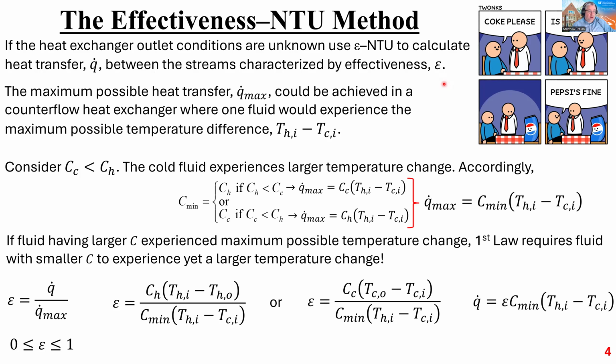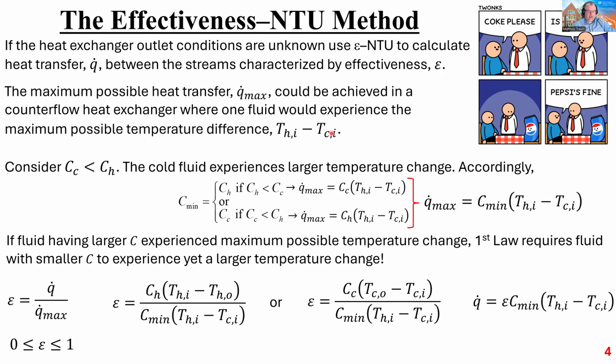The cool thought process here is that we set this thing called Q dot max, and Q dot max doesn't actually happen, right? It's an idealization. It's the maximum possible heat transfer that can be achieved in a counterflow heat exchanger where one fluid experiences the maximum possible temperature difference, T_H,i minus T_C,i, right?